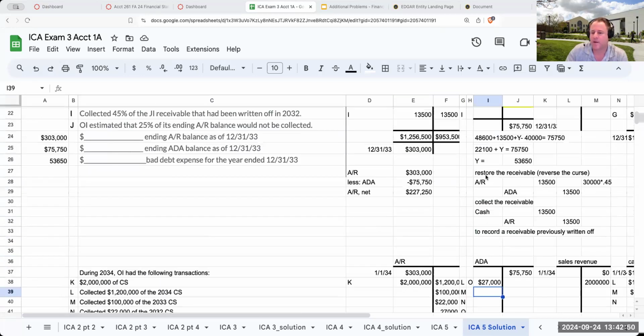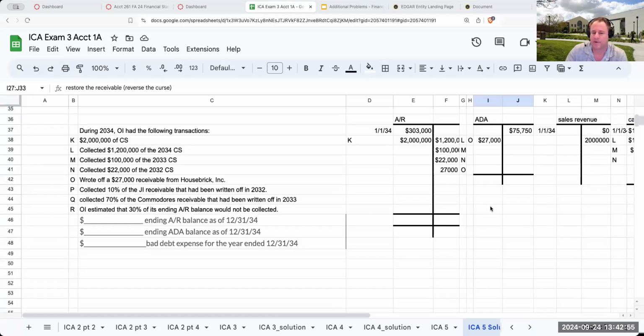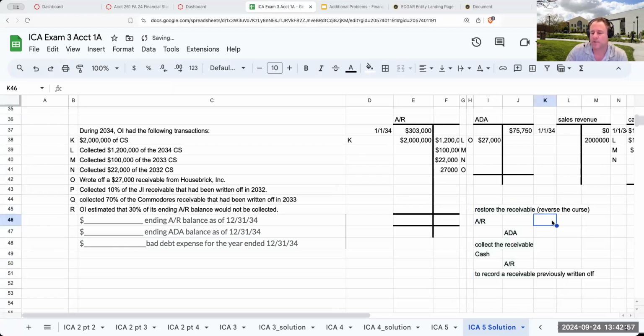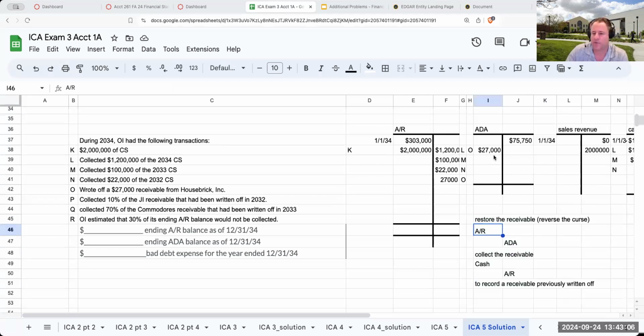Now over here, we're collecting some of the receivables that were previously written off. It's the same journal entry. I've got to restore that receivable, reverse the curse, basically, to write it off. I credited AR and debited the allowance for doubtful accounts. I'm basically doing the opposite here.